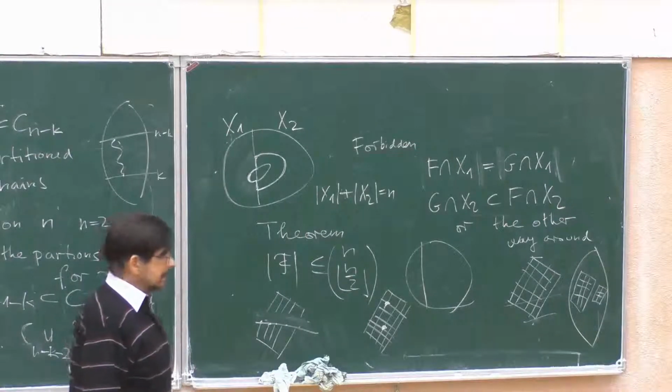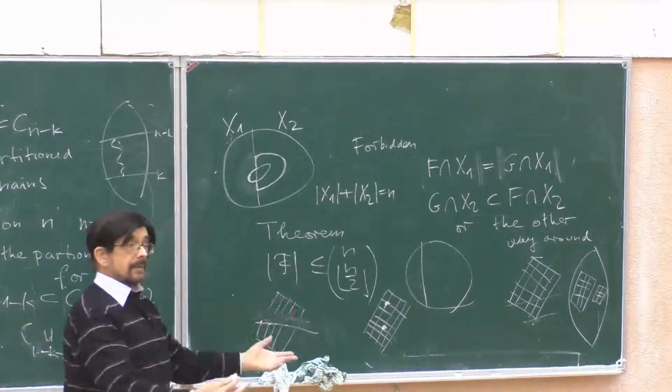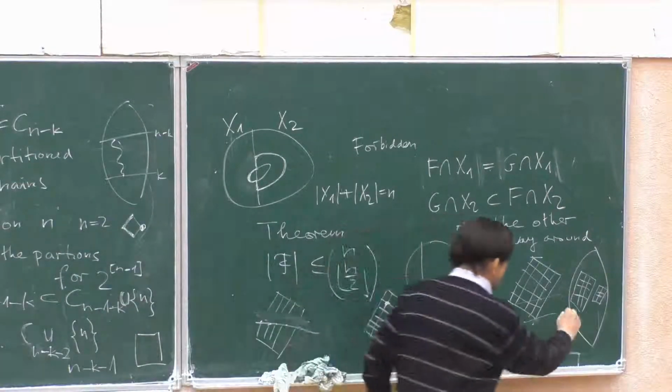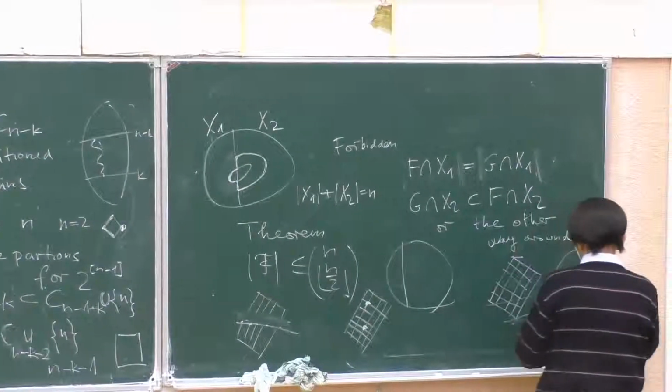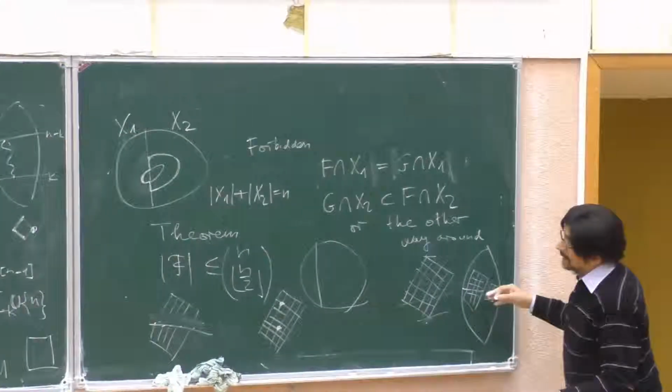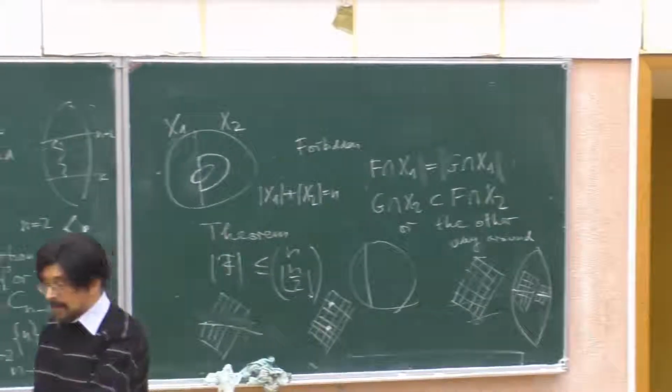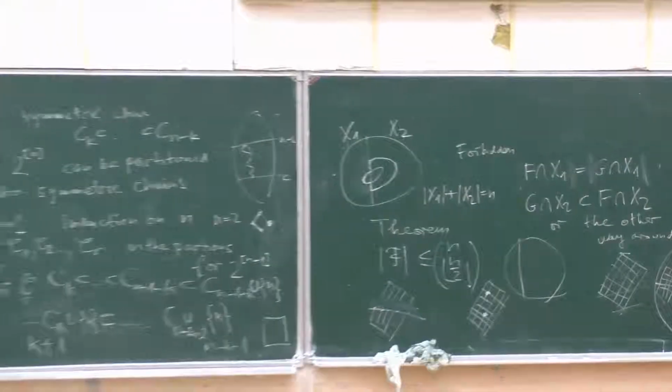And so if you go back to the original one, you get that you cannot have more than, in every one you take the middle one, and it will be adding up to this number. Okay, thank you for the attention.